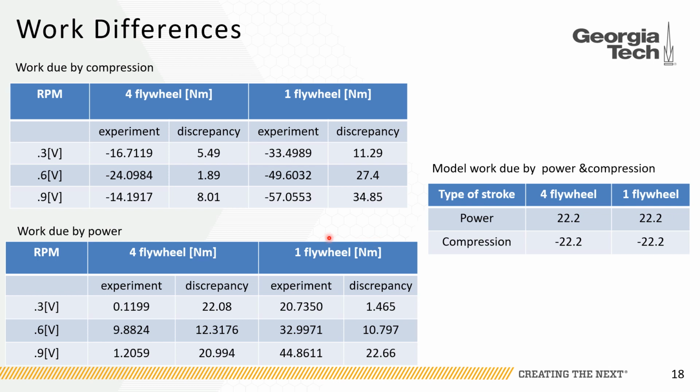We see low discrepancy for the 4 flywheel case in the compression stroke, much higher discrepancy for the 1 flywheel case. We just got this data. We're not totally sure what to make of it, but we are still analyzing.